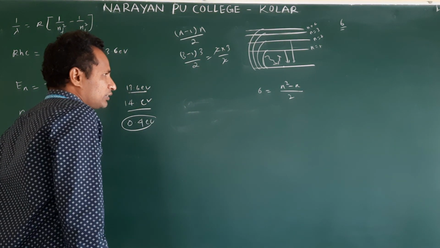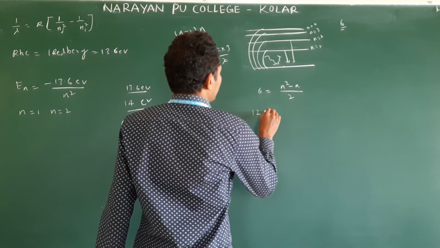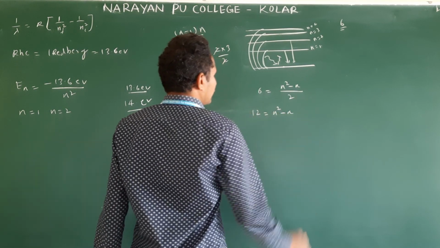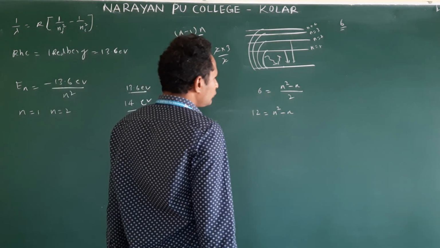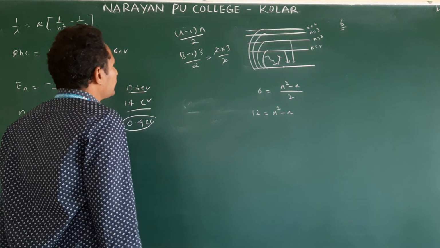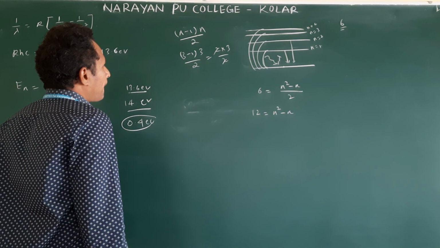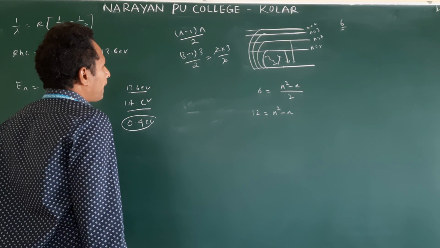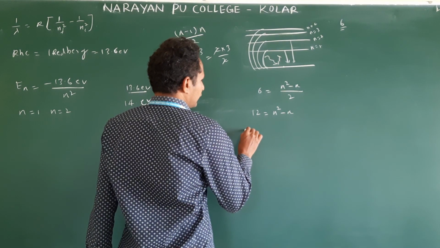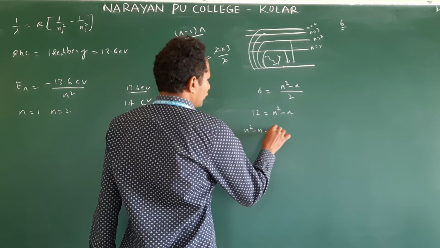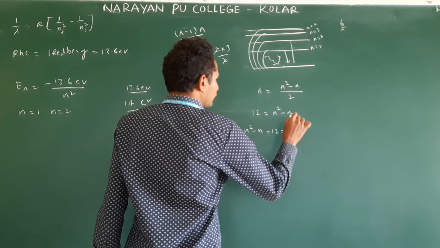Am I correct or not? So this is 12 equals n squared minus n. So we can write n squared minus n plus 12 minus 12 is equal to 0.